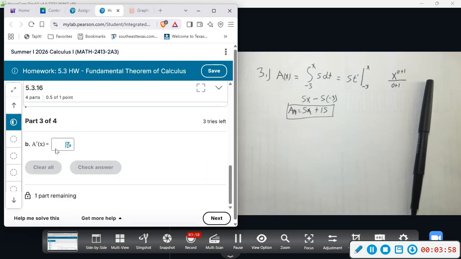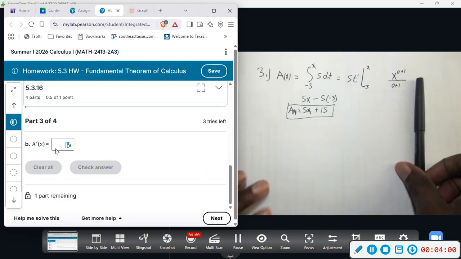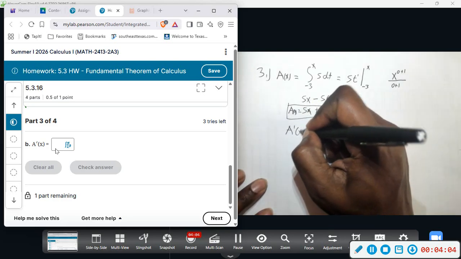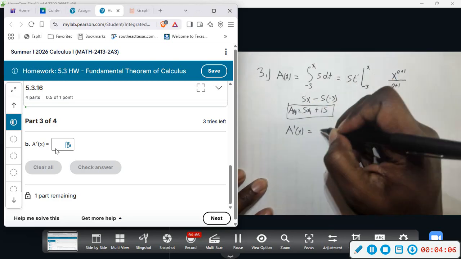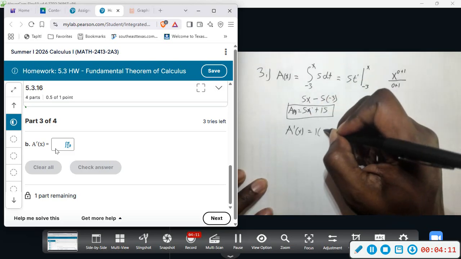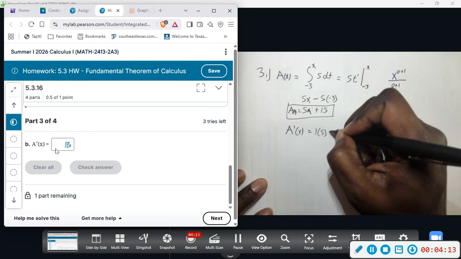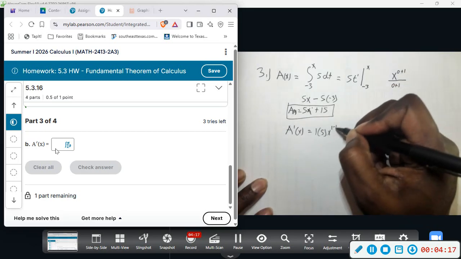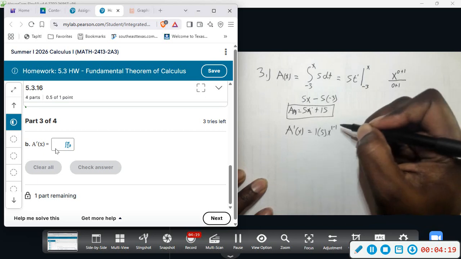All right, now we're going to find the derivative of A of x. Again, using the power rule, we have 1. We're going to multiply by 1 and then subtract 1 from that power. Now, usually I'm not showing all this, but 1 minus 1 is 0, so that'll just be 1.